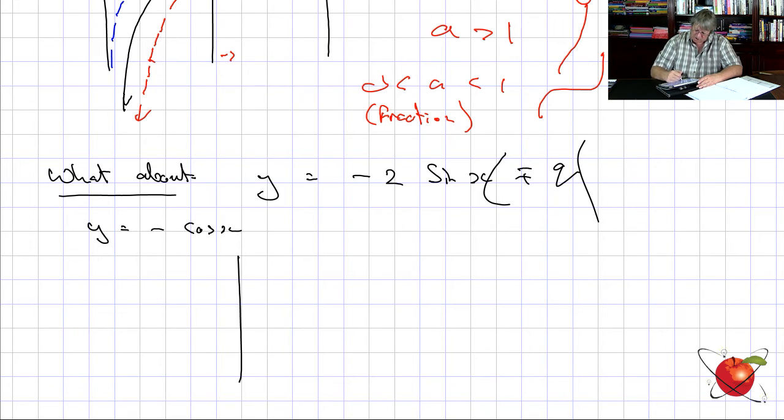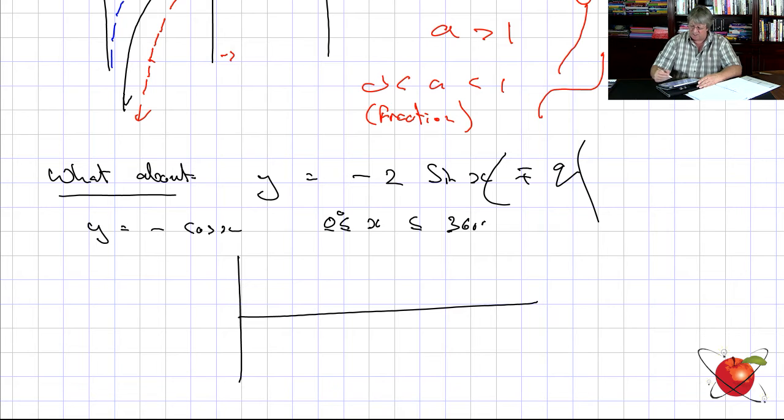Where I like to start, all I'm going to do is draw this between 0 less than or equal to x degrees, less than or equal to 360. So the cos graph, you know, does this, doesn't it? And you know that's the 360 point.